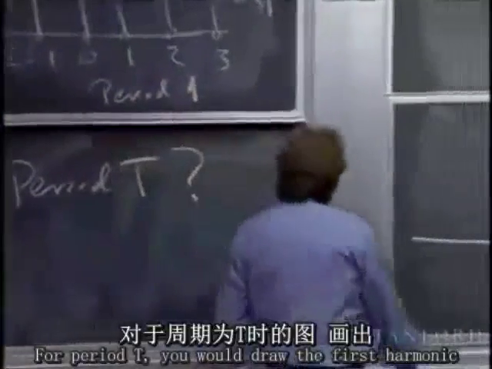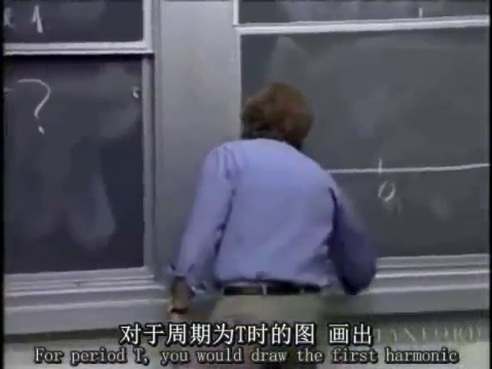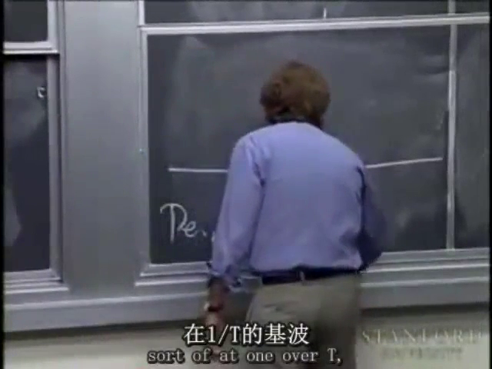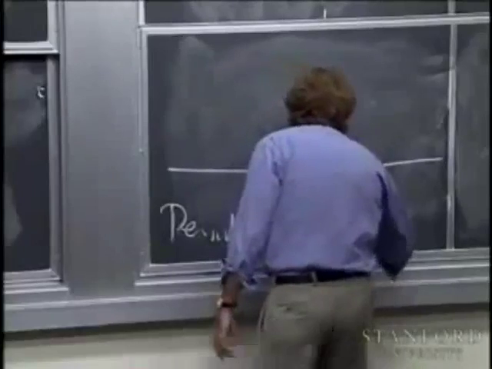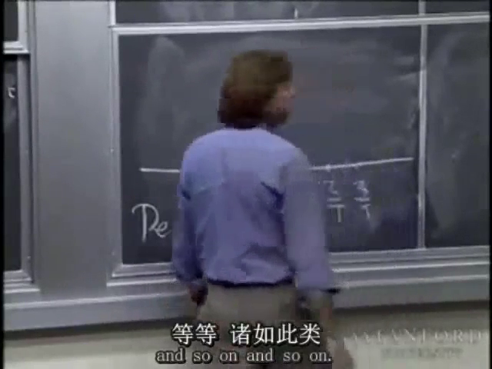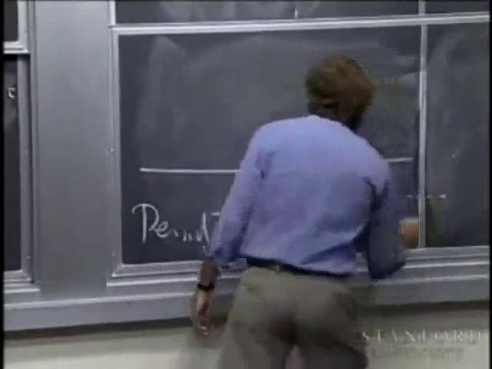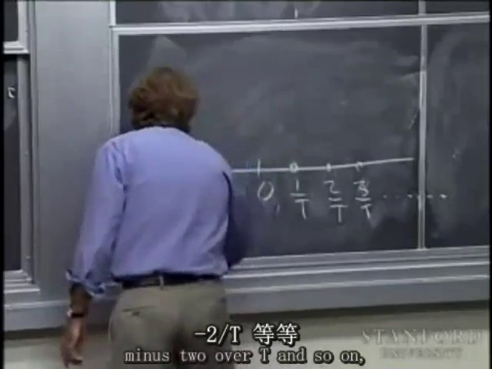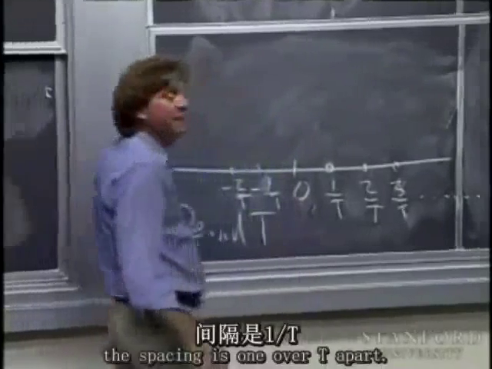For period T, the first harmonic is at 1 over T, the second harmonic is at 2 over T, the third harmonic is at 3 over T, and so on. Then it's minus 1 over T, minus 2 over T, and so on. The spacing is 1 over T apart.